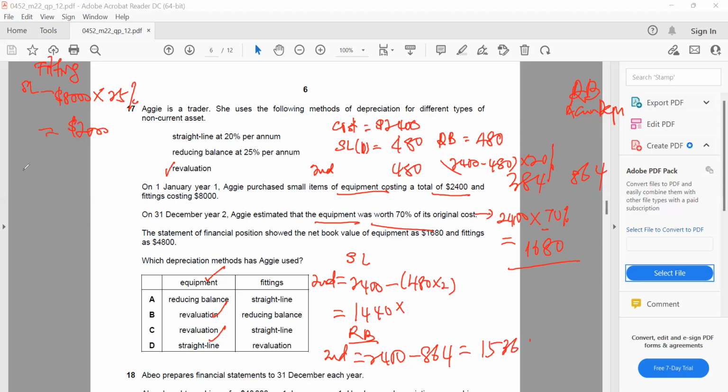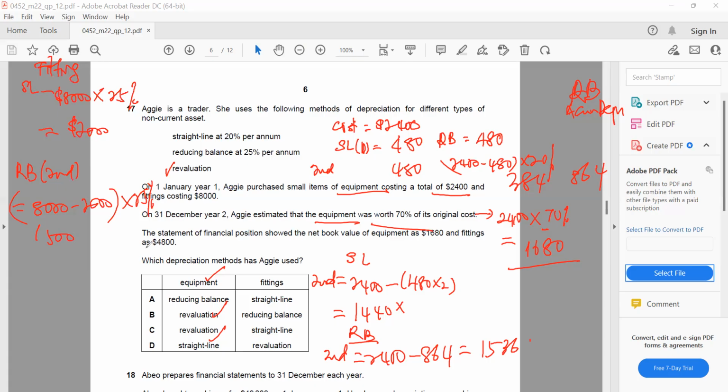So second year, if reducing balance, first year will be the same. So I take 8,000 minus 2,000, and then I times 25%. 1,500.